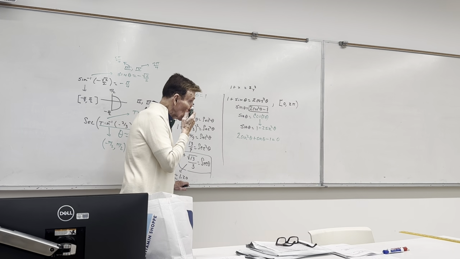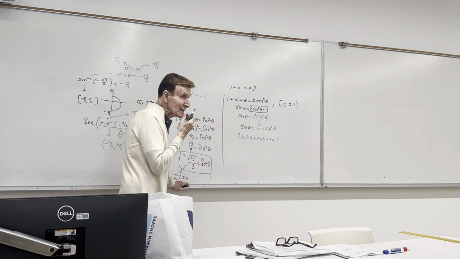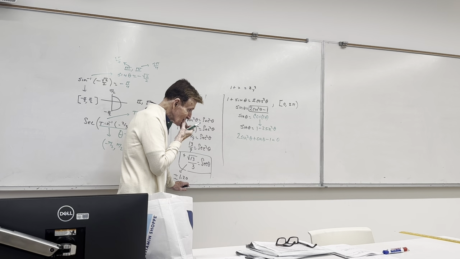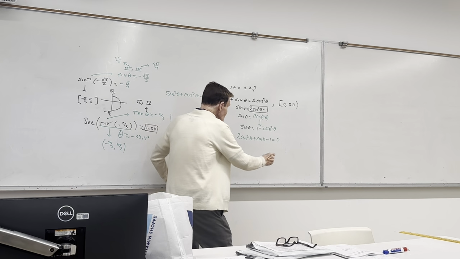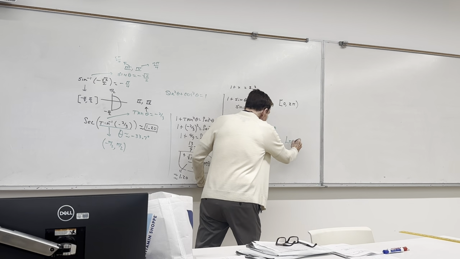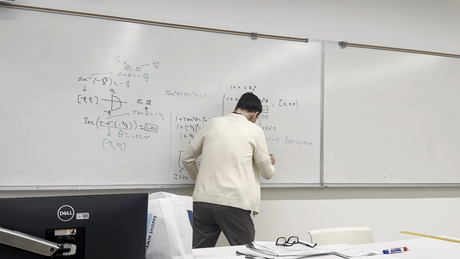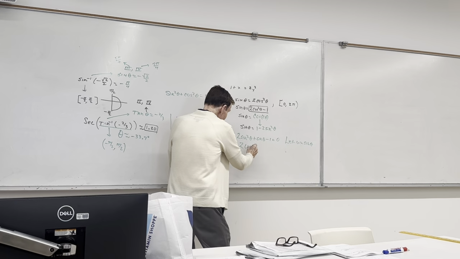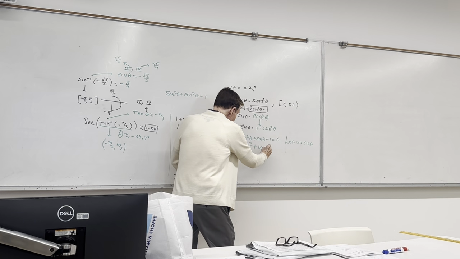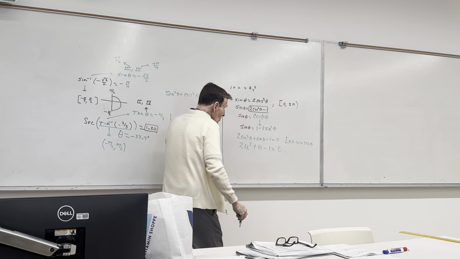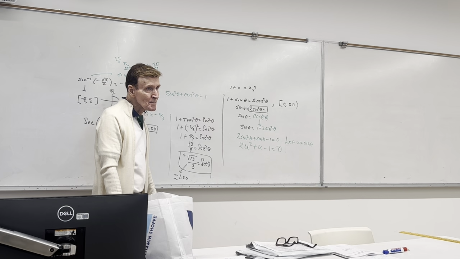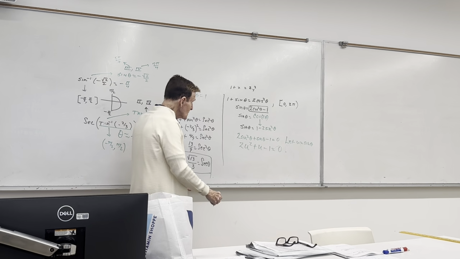What do you think this is calling for now to try to complete it? Let U be what? Sine theta. If you do, you will write this as... Shane, congratulations.